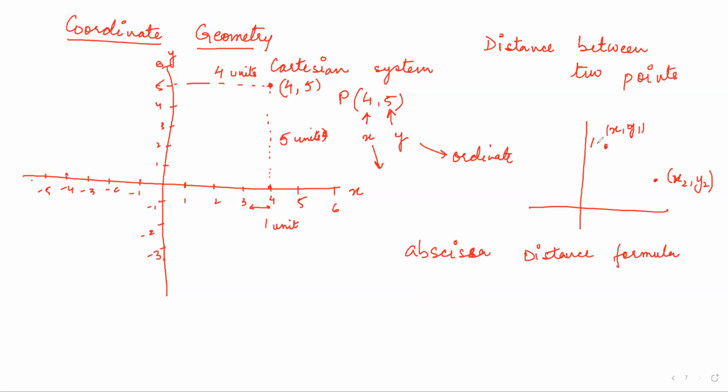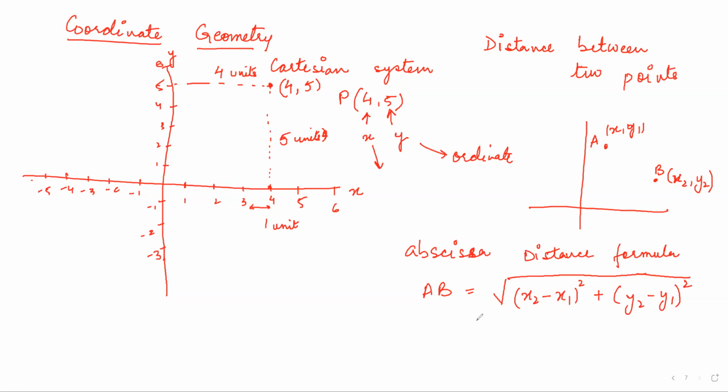So if this point is A and this point is B, the distance from A to B, we write AB, is equal to under root (x2 minus x1) whole square plus (y2 minus y1) whole square. That's it.